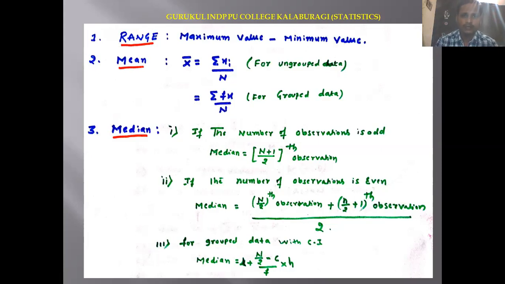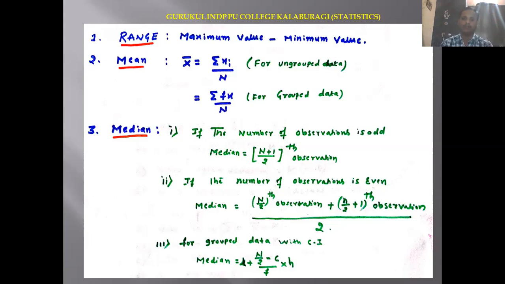Similarly, the third fundamental will be the median. In median, there are two cases. When an even number of observations is given, finding the median is different from when an odd number of observations is given. Here the median exists in the given data only. If the number of observations n is odd, then the median will be the (n plus 1) divided by 2th observation.